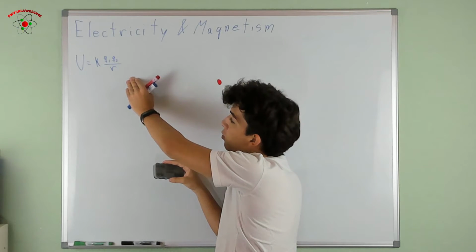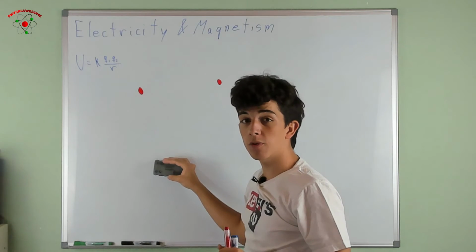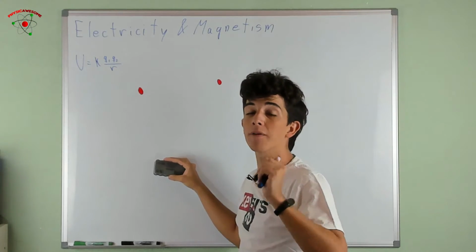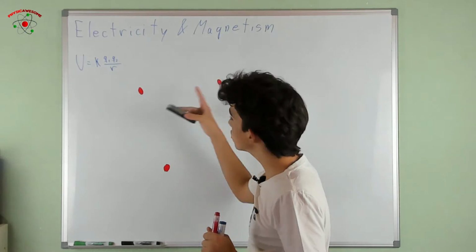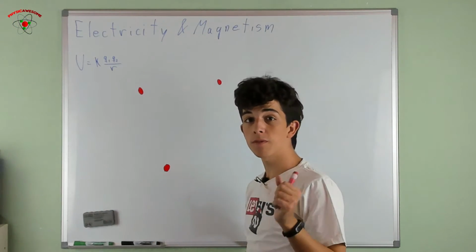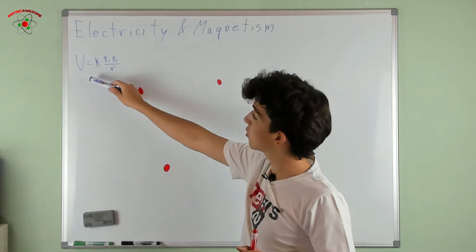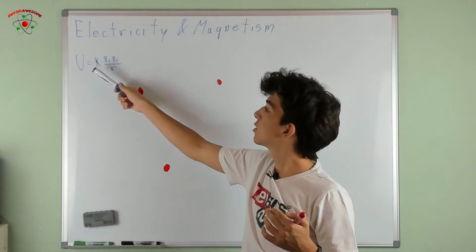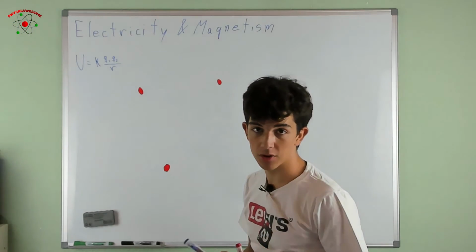After that, when we bring our second charge from infinity, we have to do some work because these two charges repel each other. Therefore, we can find that work, or the energy required to do this, with our formula for the potential energy.